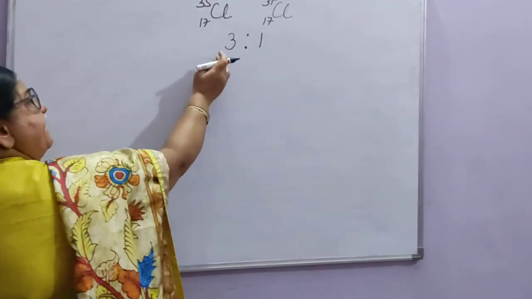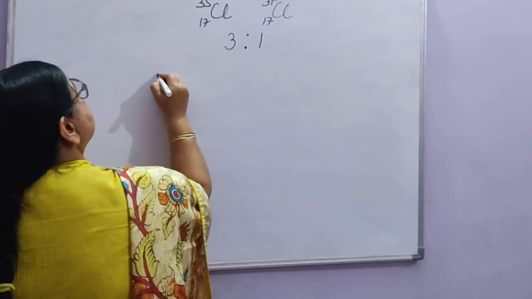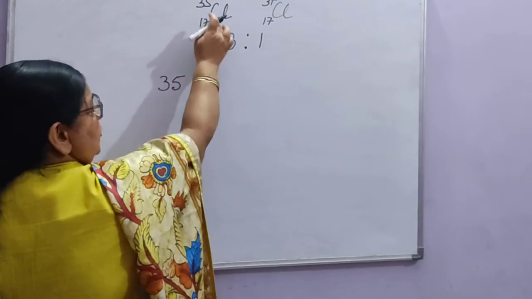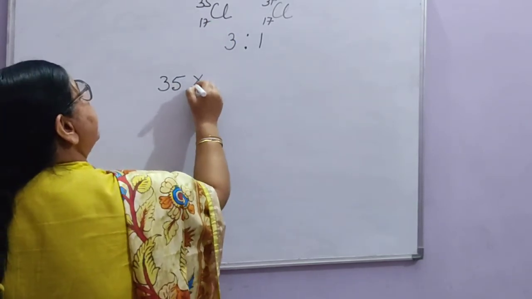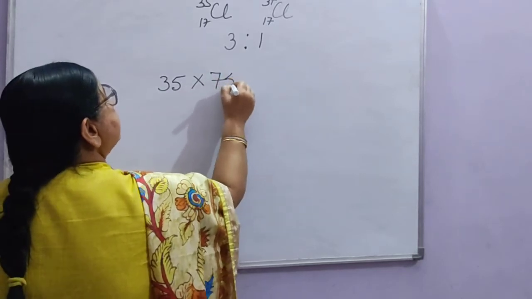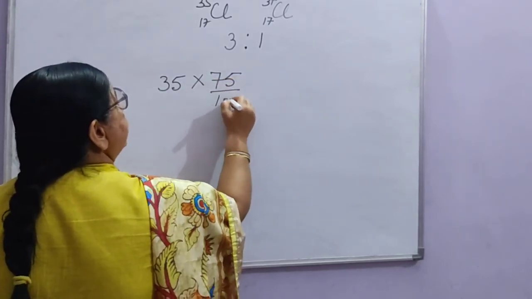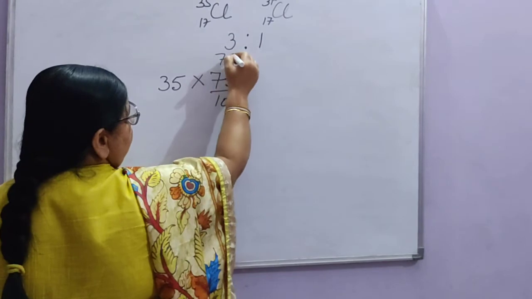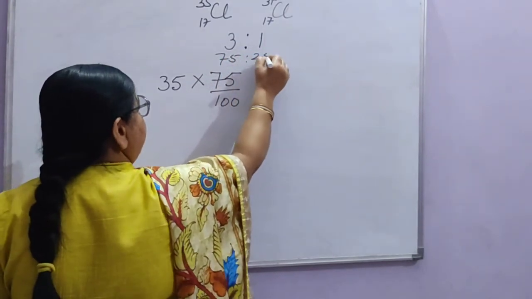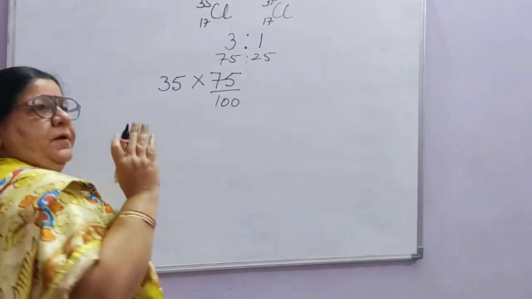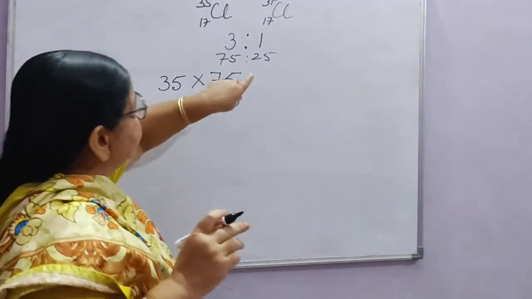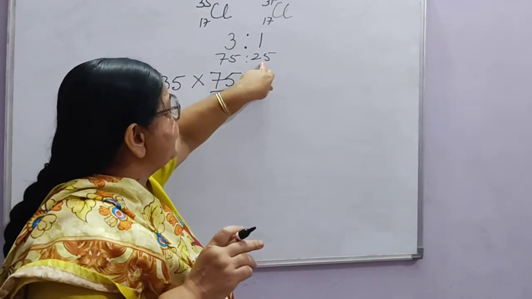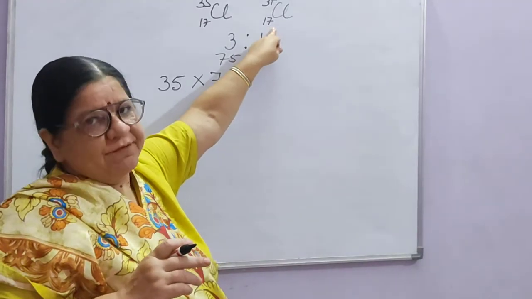Because they are present in the ratio 3:1, 3:1 means 75 to 25. That means out of 100, 3 parts of chlorine 35 will be present and 1 part of chlorine 37 will be present.